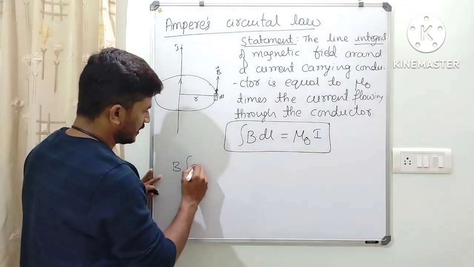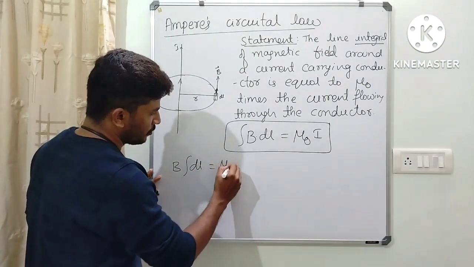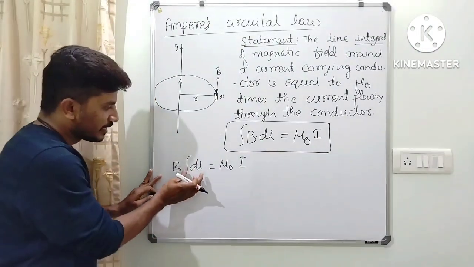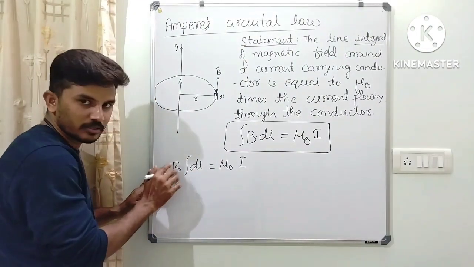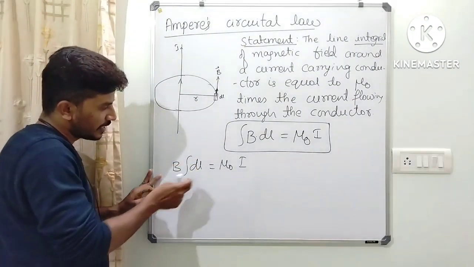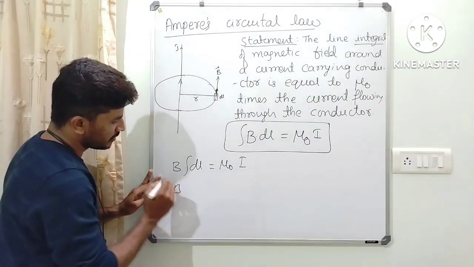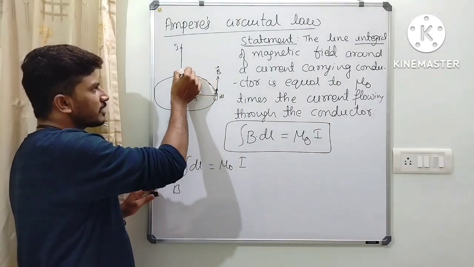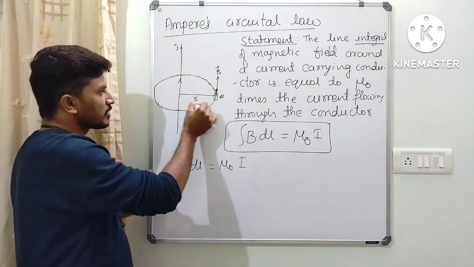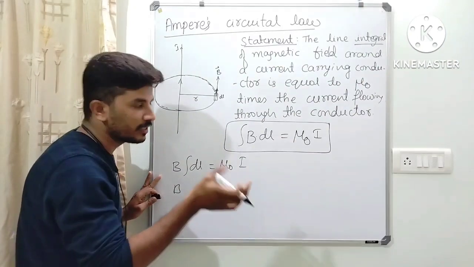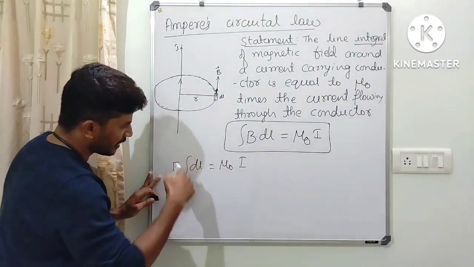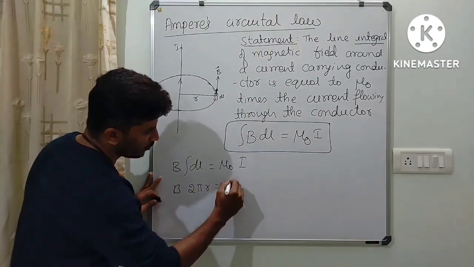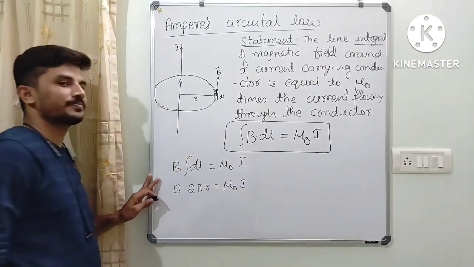Now the integral of dl is equal to mu naught times current. The line integral of dl is the sum of all small elements on it, so it gives the circumference. What is the formula for circumference? 2 pi r. So this can be written as B times 2 pi r is equal to mu naught times I.